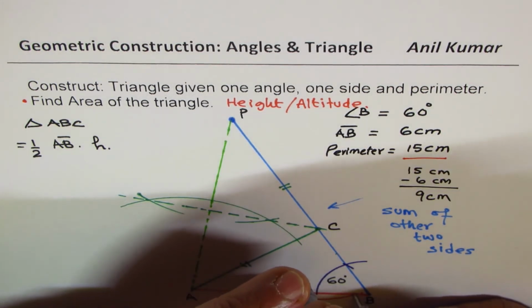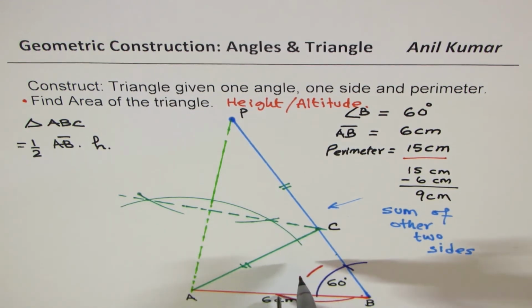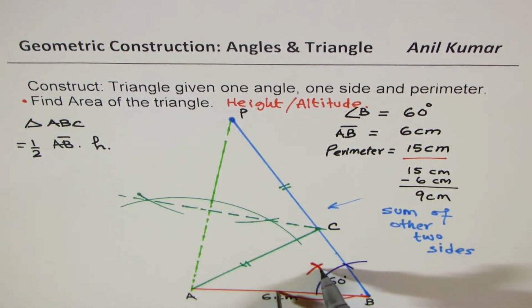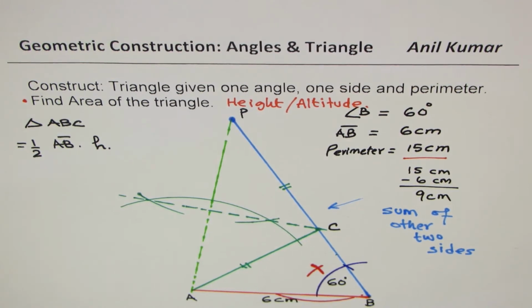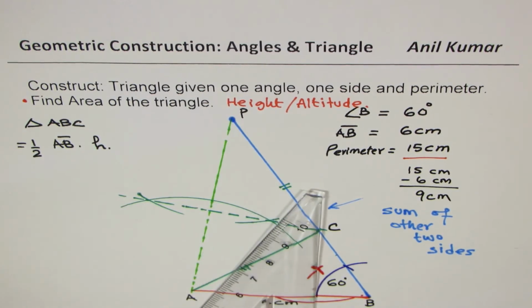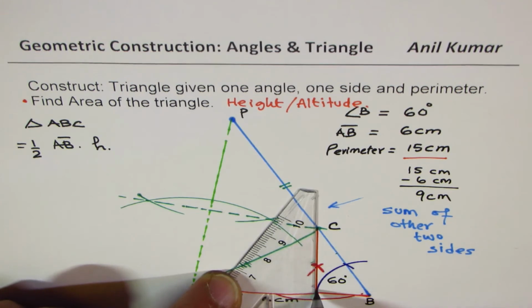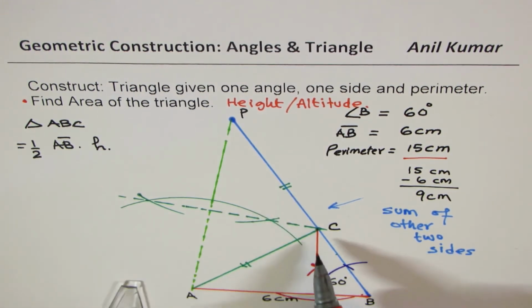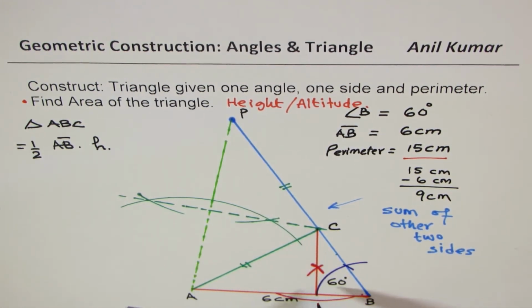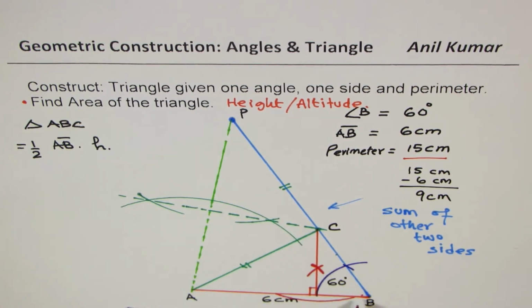So let me just open this much. We can join C with this portion and get the height. I have less space on this side, so I'm doing everything on the side shown. Perfect. So if you join, you get a perpendicular from the outside point to the given line segment.